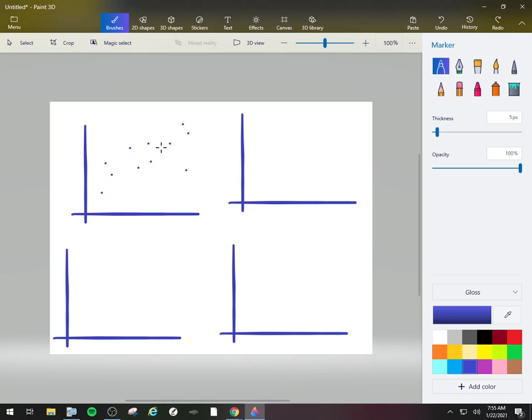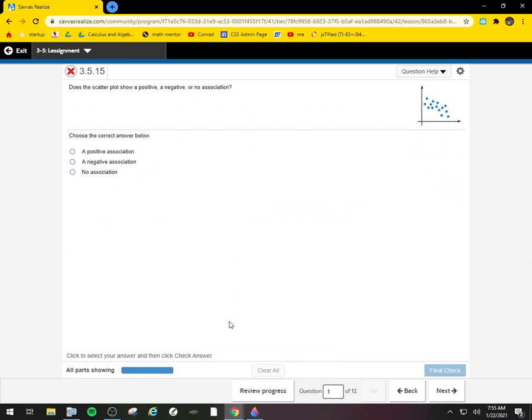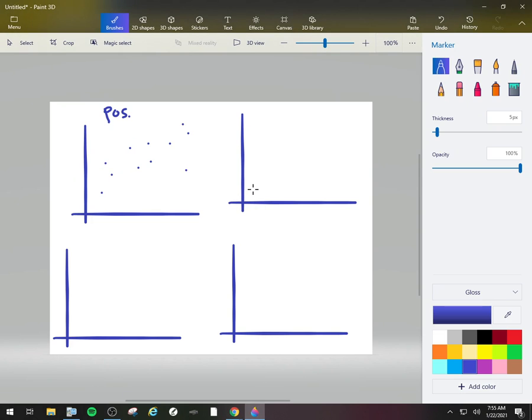So we'd call this a positive association. I think they use the word association. I am used to using the word correlation, so I might mix those up, but correlation and association, especially in this class, are basically the same thing.